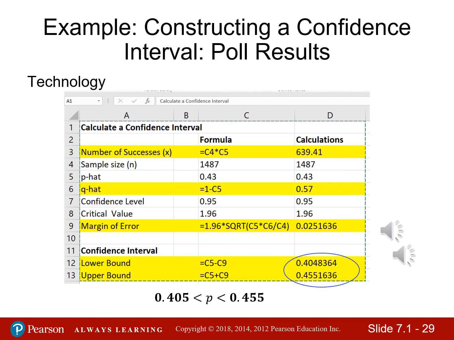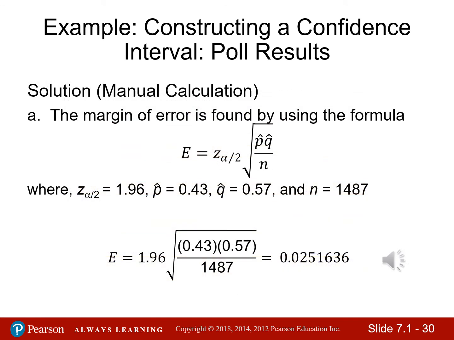At the bottom, I've circled where Excel calculated the lower bound and the upper bound of our confidence interval, and I've displayed our confidence interval below the Excel spreadsheet. So our confidence interval would be 0.405 is less than our population proportion, which is less than 0.455.